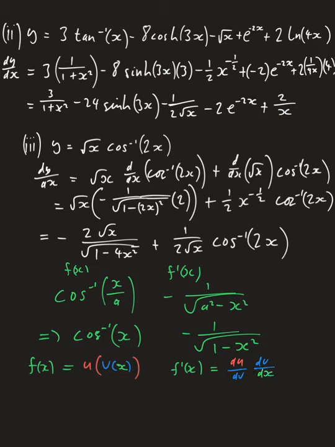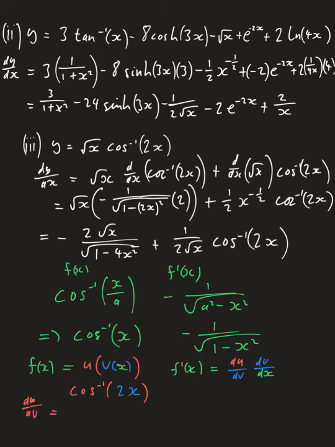In this particular problem, what I was differentiating was the inverse cosine of 2x. So u is inverse cosine and v is 2x. So du/dv is the derivative of inverse cosine with respect to v, so I'll write that down.